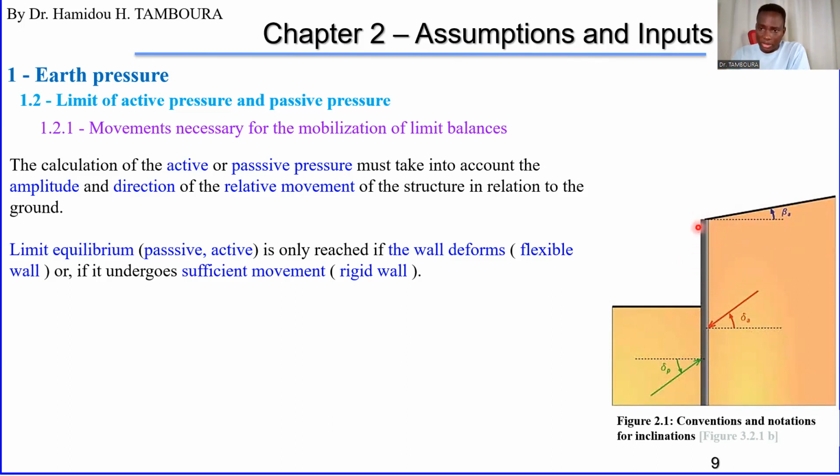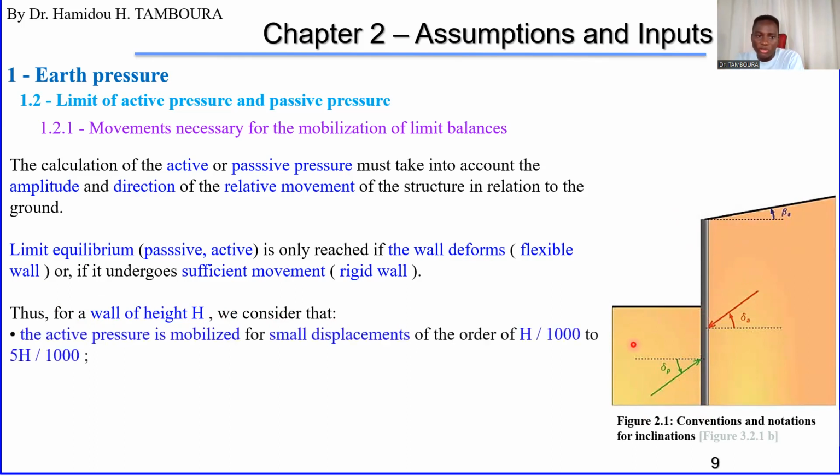So let's take an example of a retaining wall. The height of the retaining wall is h. The minimum movement we need in case of active pressure, this active is on this side: for the active pressure to be mobilized, a small displacement in the order of h divided by 1000 to 5 times h divided by 1000 is needed.